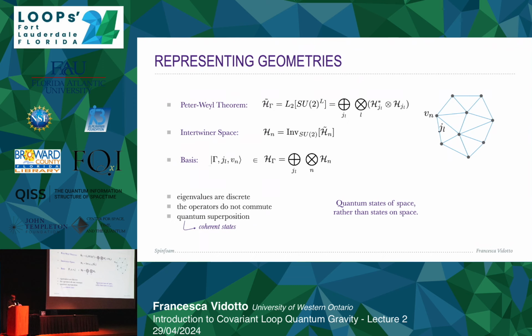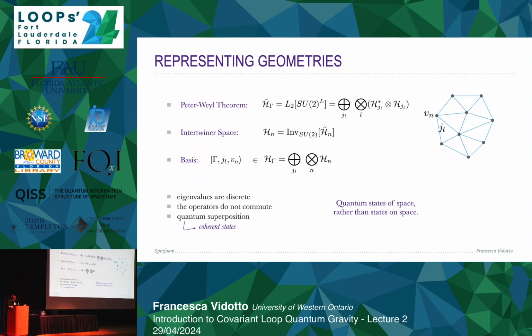This sector, invariant under SU2 transformations, is called the intertwiner space. Intertwiners in representation theory, in group theory, are those objects such that you can combine different representations in a gauge invariant manner.